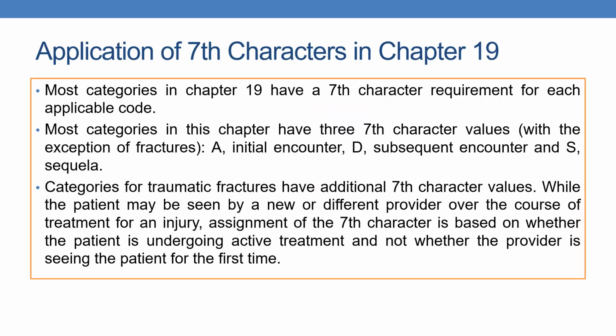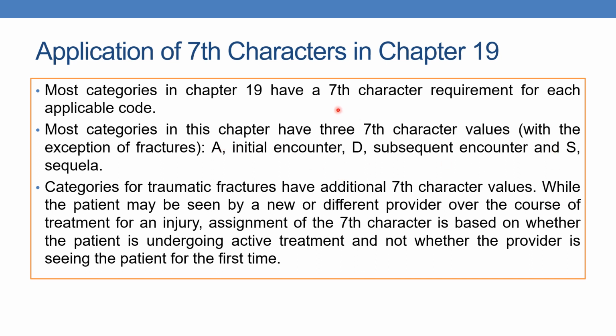Now coming to the first guideline, application of 7th character in chapter 19. Most categories in chapter 19 have a 7th character requirement for each applicable code. In most categories, there are 3 majorly used 7th characters, A, D and S, for the majority of the injuries.